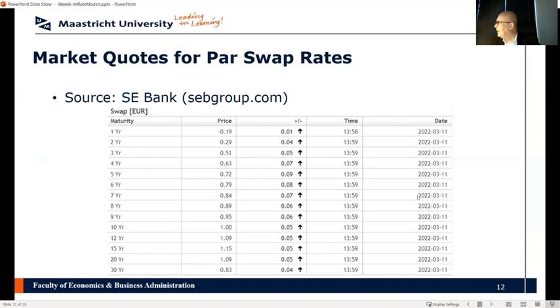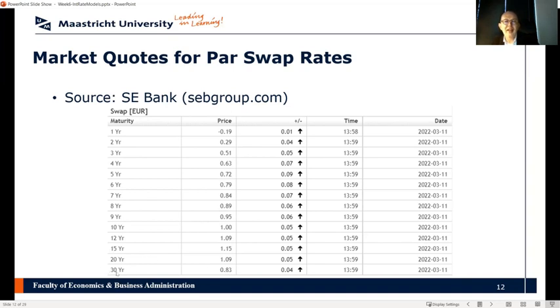So this was from yesterday, these quotes, and we see that the current market for swaps is still a little bit slightly negative interest rate. So this is minus 0.19% par swap rate for the 1-year swap, and then it is increasing up to somewhere around 1%, 1.15% for the 15-year swap, and then it's going down a little bit for the very long maturities.